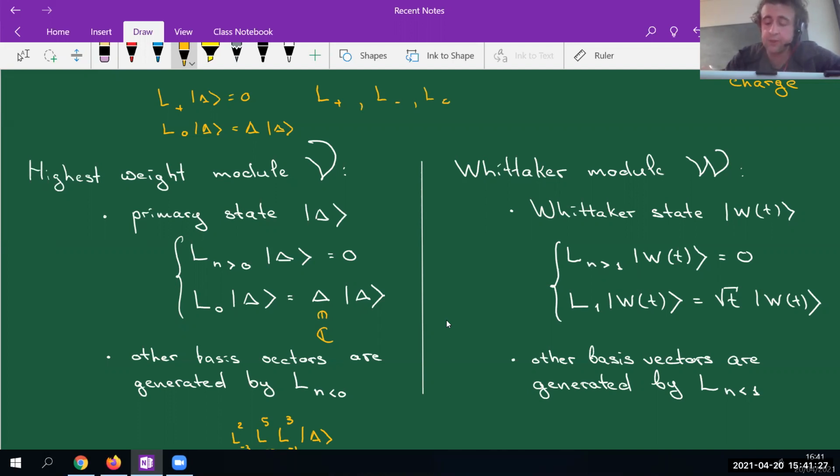Sorry, with positive indices. And now you see that here I picked the simplest possible eigenstate of this form. So I suppose that all of the eigenvalues for L2, L3, and so on are 0. And the only non-trivial eigenvalue, which will play the role of this Painlevé variable t, is the eigenvalue of L1.